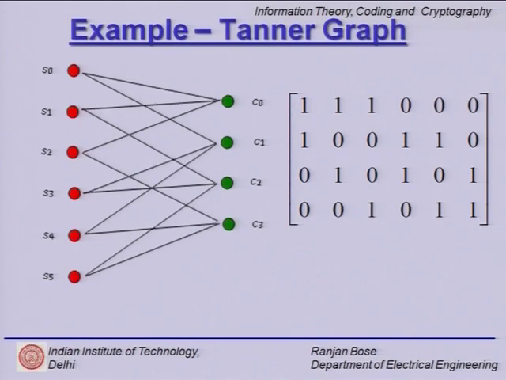So, we first construct the Tanner graph. What do we do with it? On the right you see that the H matrix is there. On the left I have put the Tanner graph, it is a bipartite graph. Here we have these nodes and these are the check nodes. Now, please note that 1 1 1 0 0 0. So, this C0 is connected only to S0, S1, S2. What do these relate to?